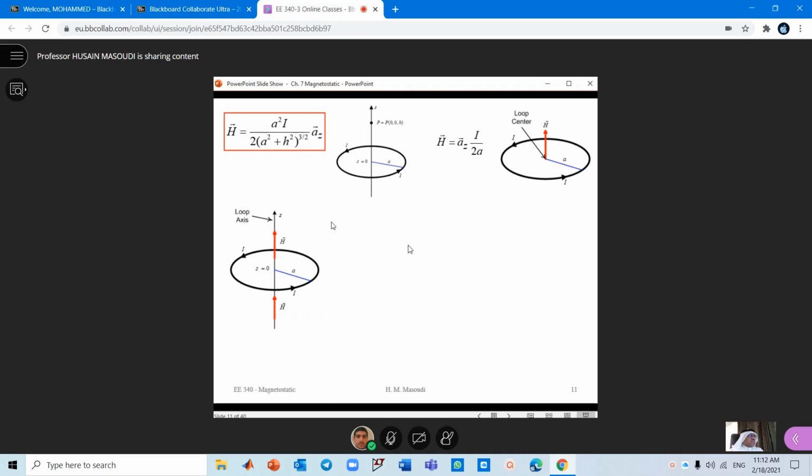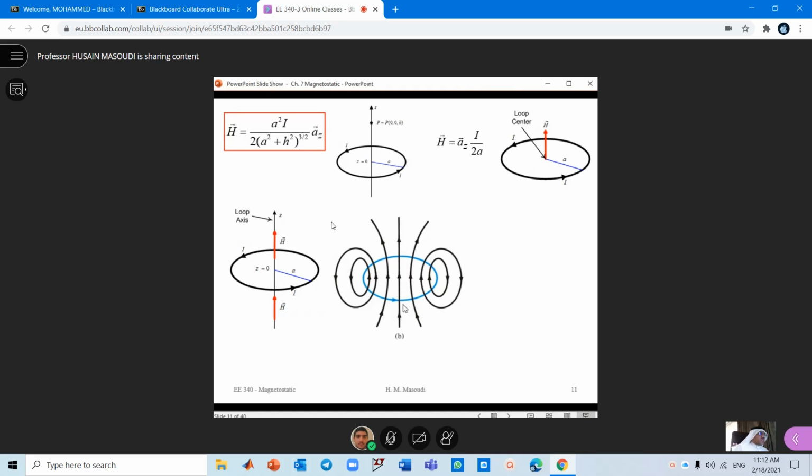Then we have to start from the beginning. Now, in the book, you have this diagram to show the direction of the magnetic field with respect to a ring conductor. So this is the ring conductor, and the direction of the magnetic field in the center is going to be upward.